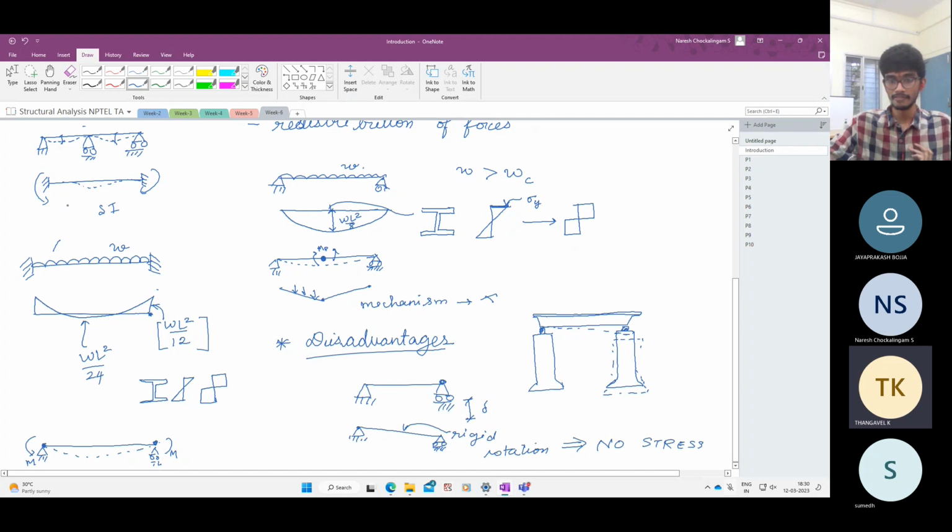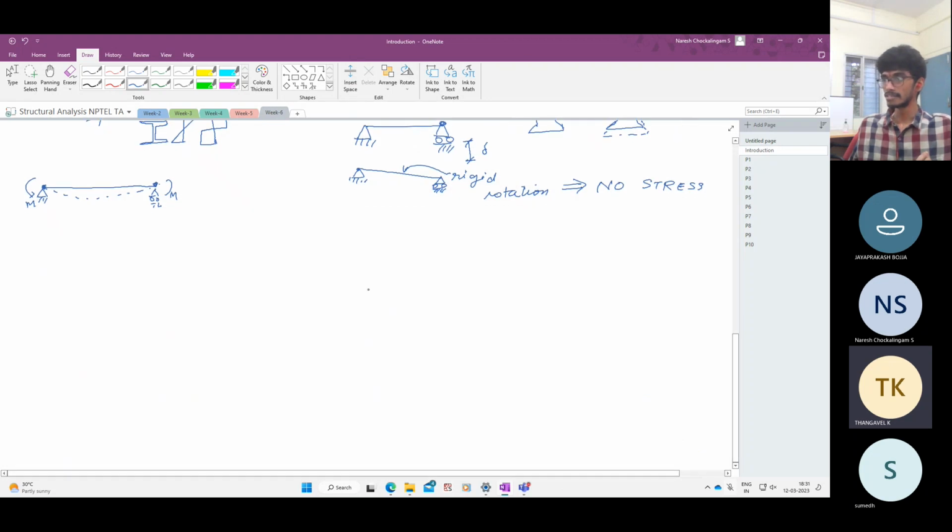So if you have a statically determinate structure, and there is a displacement or rotation imposed on the support, the structure does not generate any internal stresses because the supports are just enough to hold the structure in place. They are just enough to keep it in equilibrium. But suppose the same thing happens in a statically indeterminate structure.